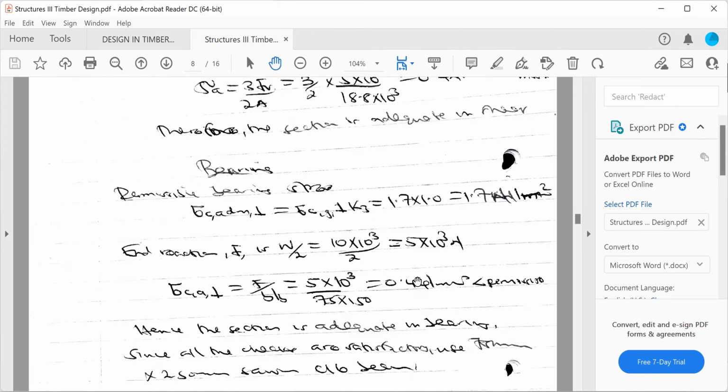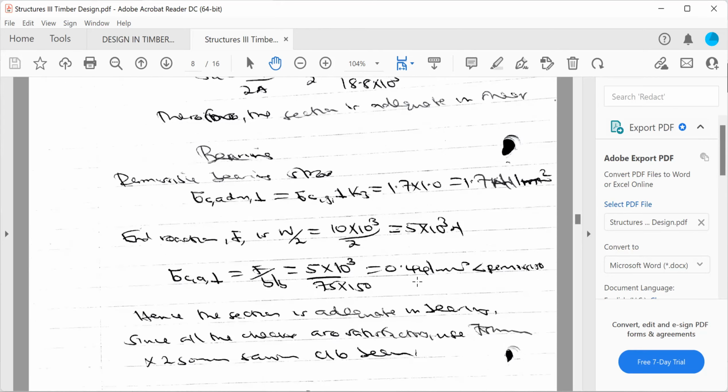So let's go to bearing now. Permissible bearing stress. Permissible, remember, is a permissible compression. C, ADM means permissible. Now this horizontal and vertical line means perpendicular. So it's equivalent to what we obtained from the table. And remember, for this compression stress there were two values and we took the lower value.